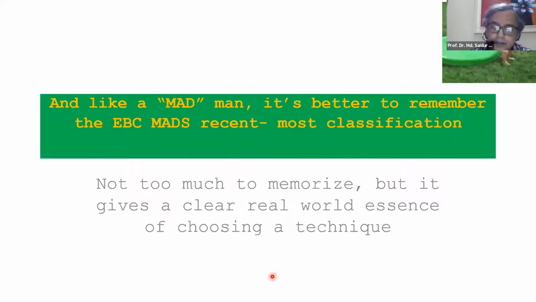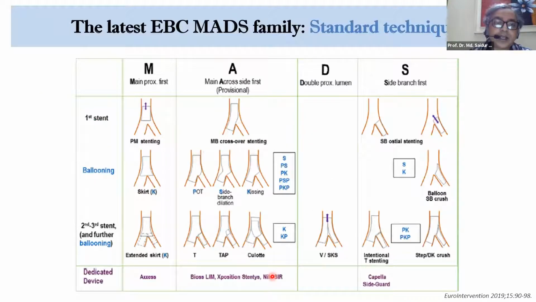And like a mantra, it's better to remember the EBC MAIN's most recent classification, not the earlier one, but the most recent one is, I think, more comprehensive. And here the D portion is not that much indicated nowadays, S means we are going for the crush, and A means we are going for TAP and culotte.